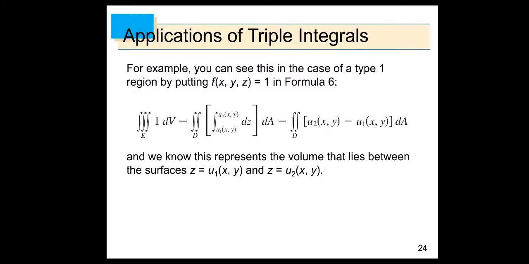Now we just put 1 over here, and what do we get? With the integration, we will find the integral of u2(x, y) minus u1(x, y) dA. So we know this represents the volume that lies between the surfaces z equals u1 and z equals u2.